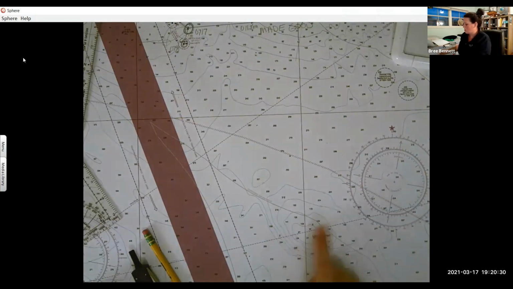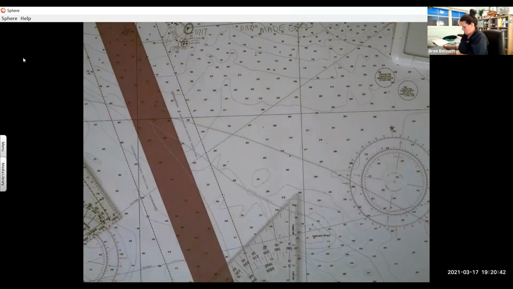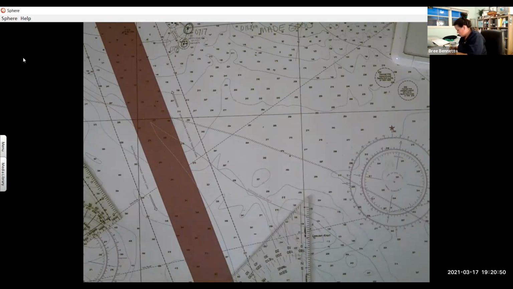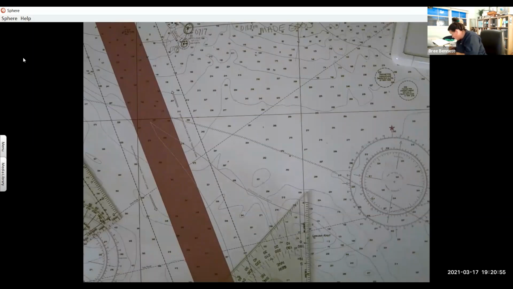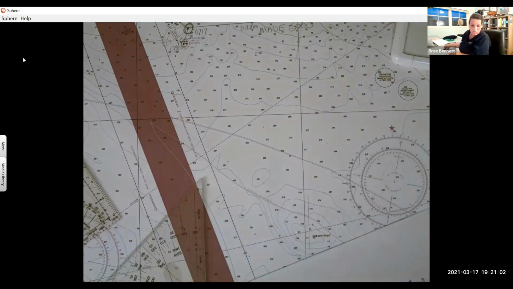So we're going to plot it because it gives us the latitude and longitude for this fishing destination. We'll plot real quick.